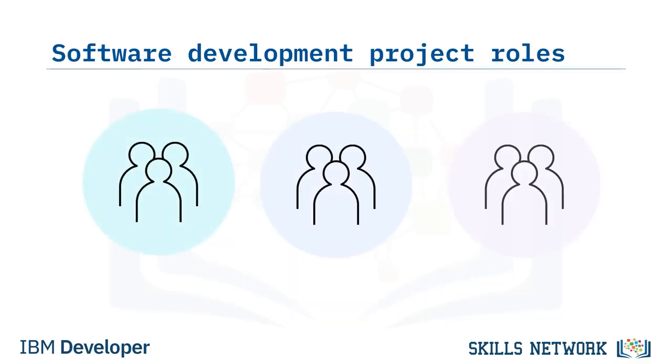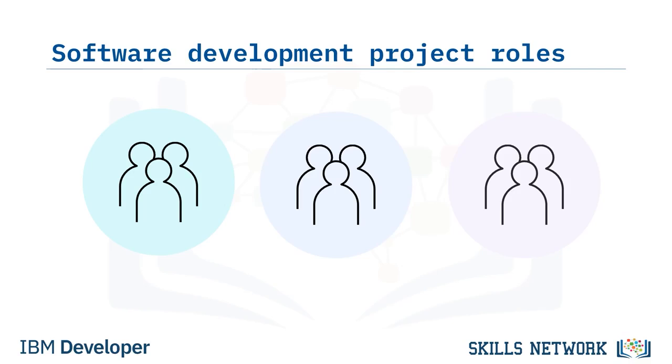There are several common roles on a software development project, and these roles can have different names depending on the approach being used, such as Agile or Waterfall. Sometimes different companies have different names for similar jobs, but not all projects will have all these roles.